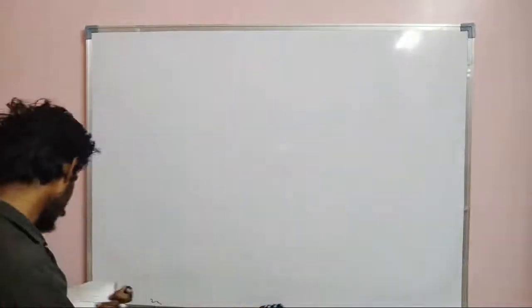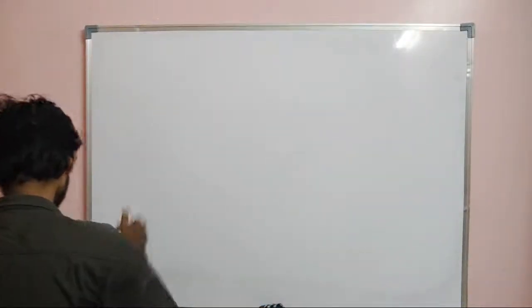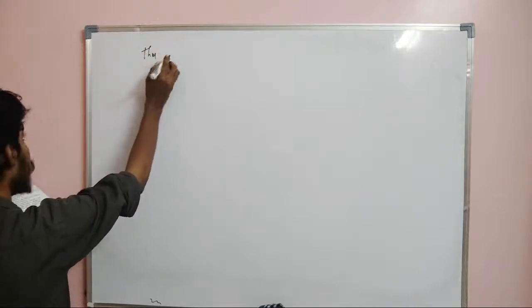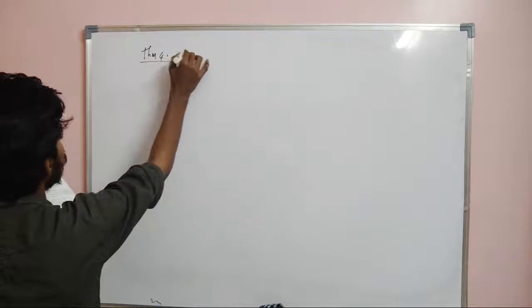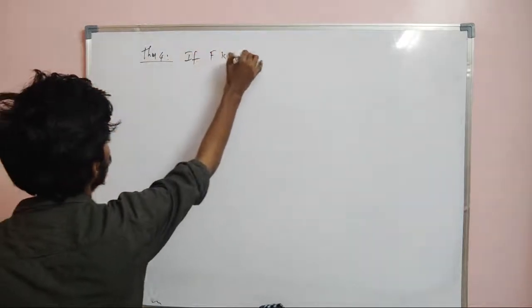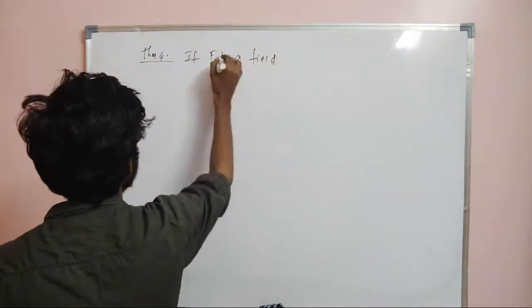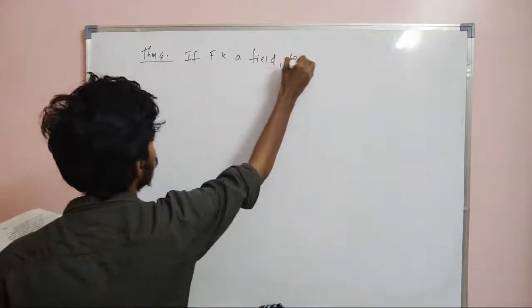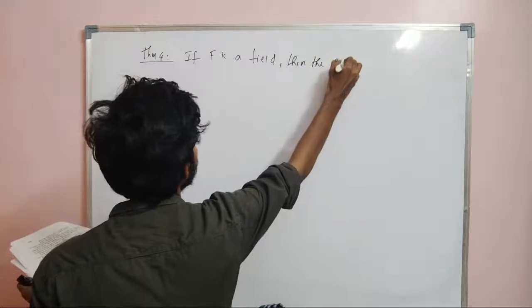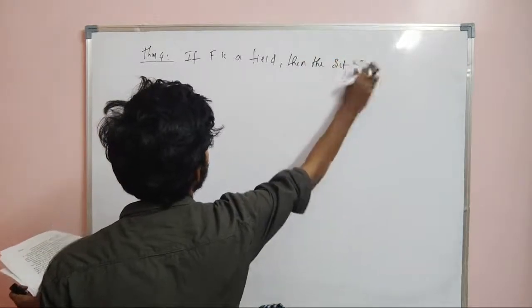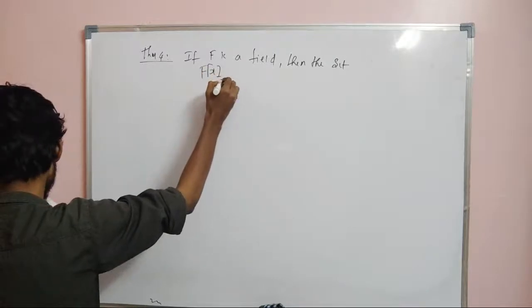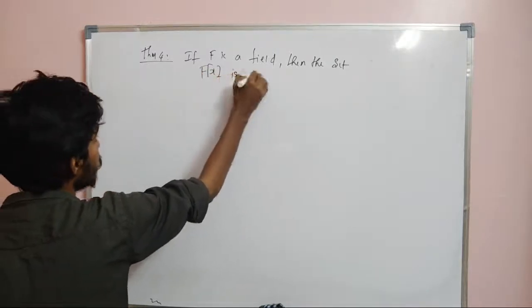So first we will prove theorem 4. Theorem 4 is: if F is any field, actually this follows from the previous theorem, then the set F of x is an integral domain.